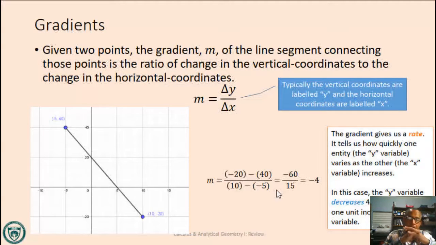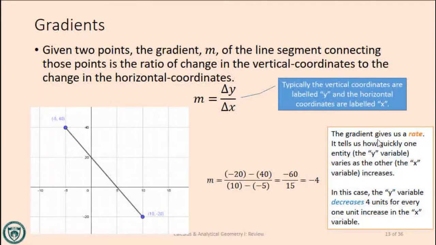Later on you'll see how all this is applied, so that wherever it's applied, it's something that makes sense. So again, the gradient gives us a rate, and it tells us how quickly one variable varies with the other. What's going on here is that the y variable decreases 4 units for every 1 unit increase in the x variable. So make sure you understand that.